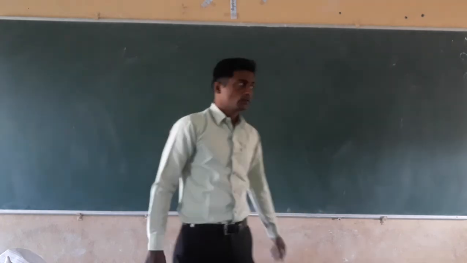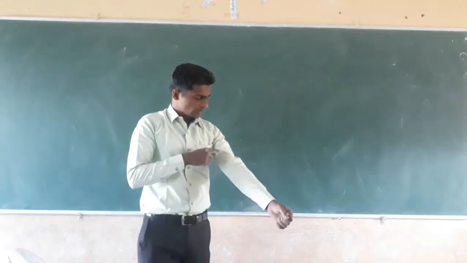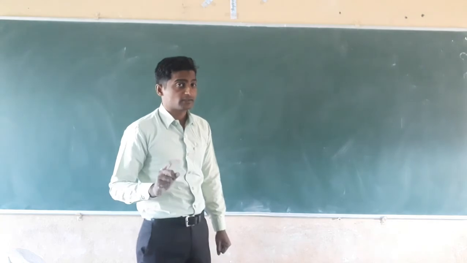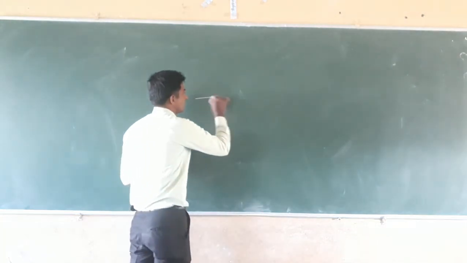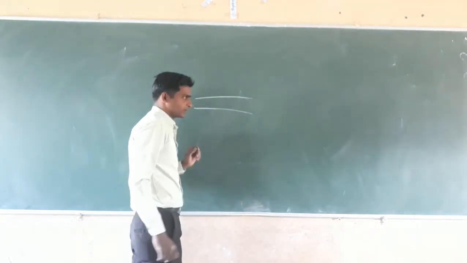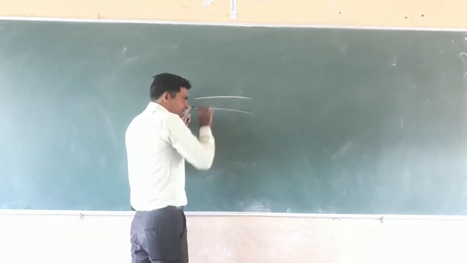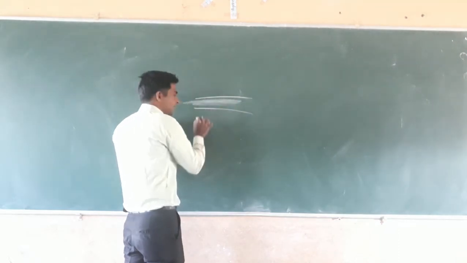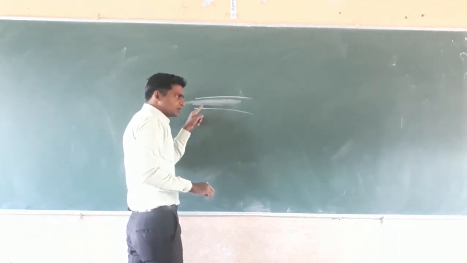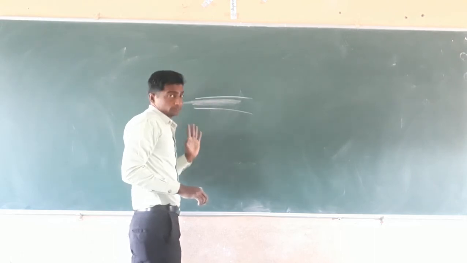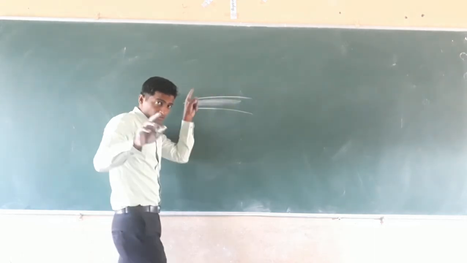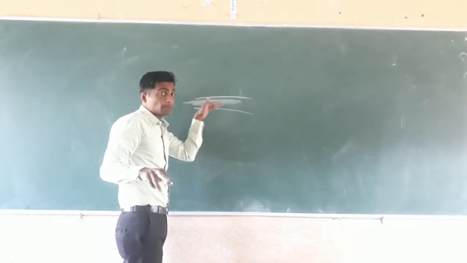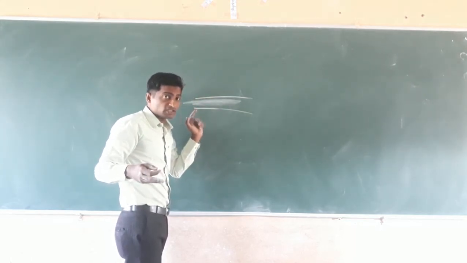Here what happens, dear students, in our blood vessels two types of pressure will be exerted. See what happens, dear students, when blood is circulating through the blood vessels, that blood has to move through these blood vessels with pressure. How is the pressure produced?